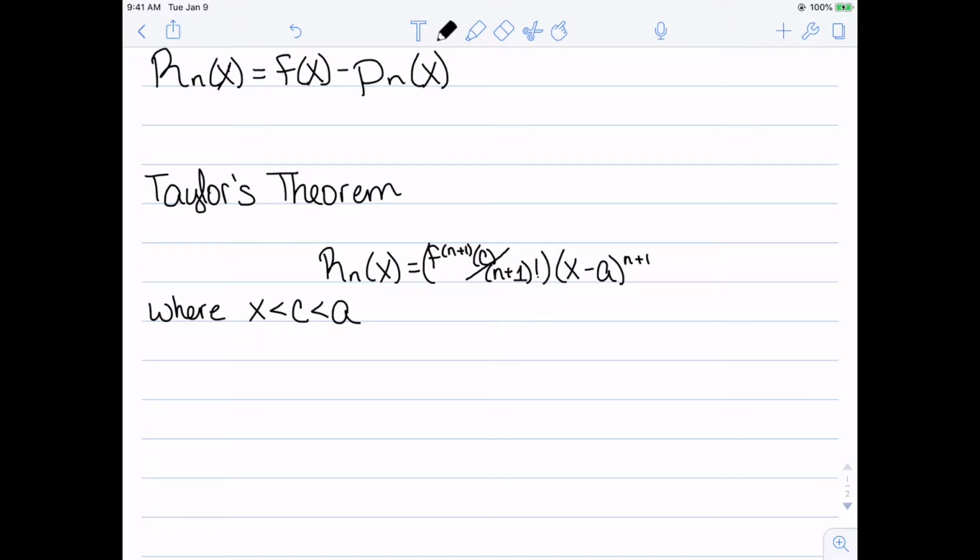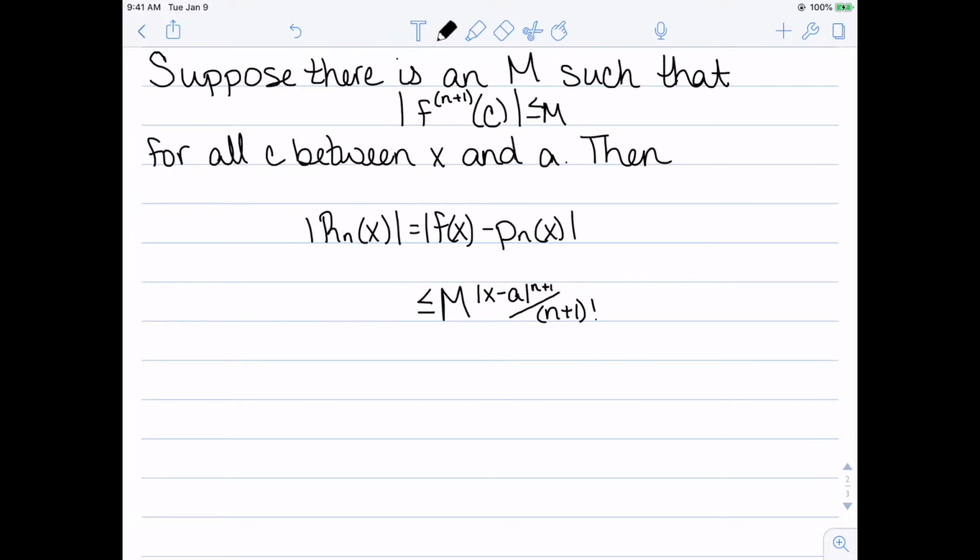So since we can't say exactly what value c is, we want to be able to estimate exactly what the remainder is. And we can do that. We can estimate the remainder by supposing there's this number m, such that the absolute value of the n plus first derivative of c is less than or equal to m for all c between a and x, inclusive.